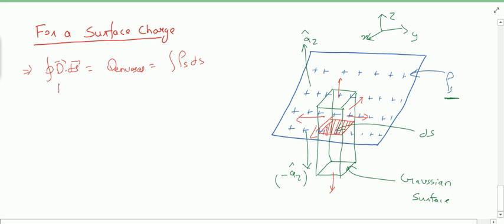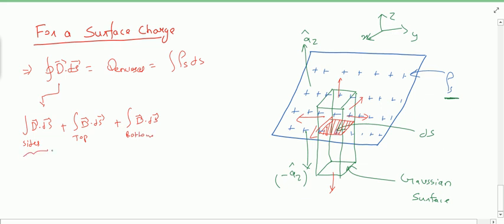So I can write it as D dot dS for the sides plus D dot dS for the top surface plus D dot dS for the bottom surface.